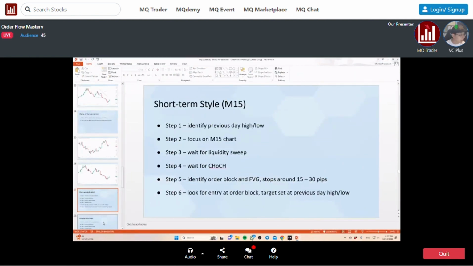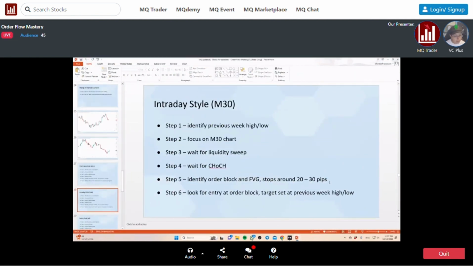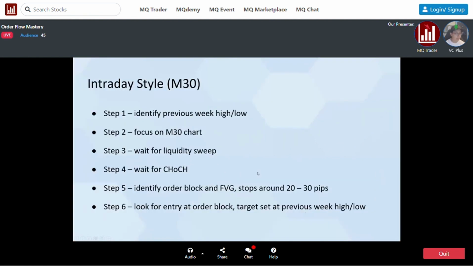Now if you're looking at intraday, somewhere around the 30-minute time frame, this is where you use the same process but a slightly different time frame. For the first step, to look for a liquidity sweep, we use the weekly chart. We use the previous week high and low for our key areas of liquidity.